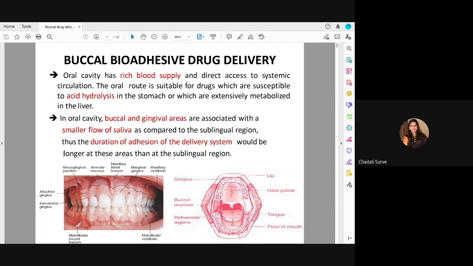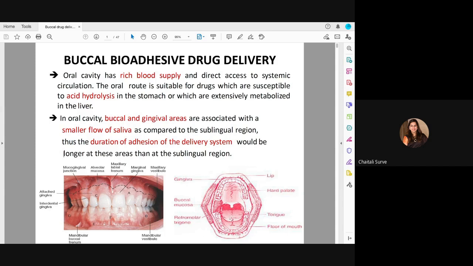So this is a diagrammatic representation. Here is your upper lips, then is your gingiva. The area between your lips and your teeth is called the gingival region. Then here is your buccal mucosa. Comparatively, a higher surface area is obtained as compared to your gingival area.